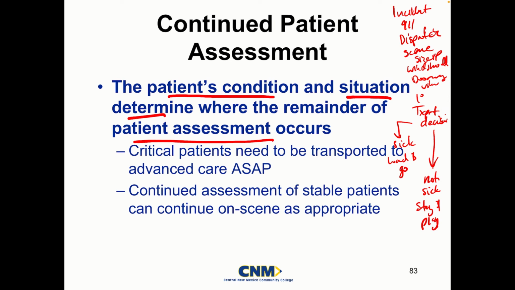But sometimes if we have a patient that doesn't have life threats, they're not sick at this moment, meaning life-threatening sick, then we might do our secondary and other assessments on scene. And certainly, eventually, we may transport that patient. So there'll be other assessments we do in transport. So be okay with the idea that it's going to be fluid after your transport decision, based on whether this is a sick patient or a not sick patient, and we stay and play.